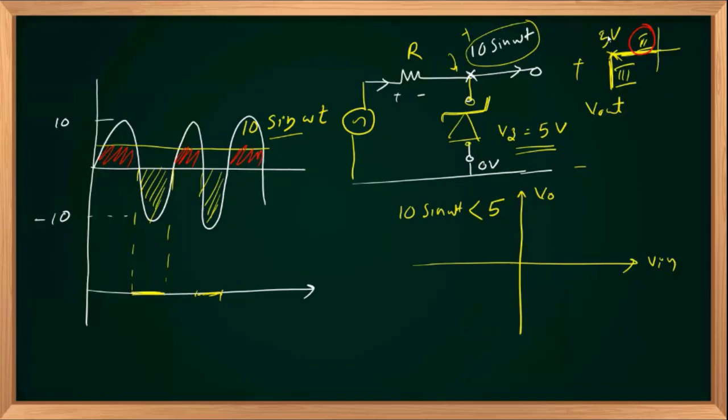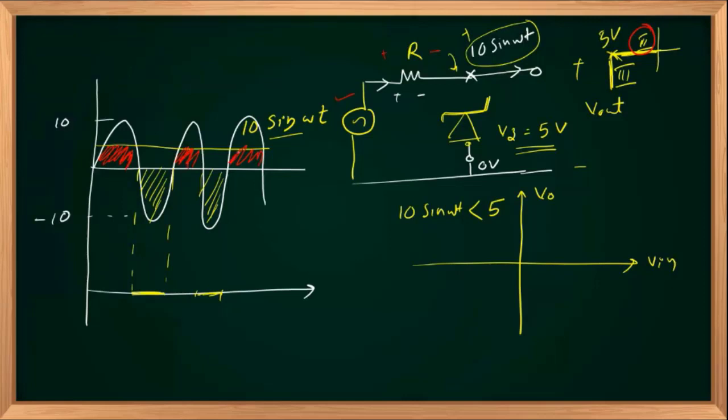When it is in open circuit mode, you can see that again there is no drop across resistance R. As we discussed earlier, no drop across R implies Vout is the same as the input voltage. Vout is the same as Vin in this region.